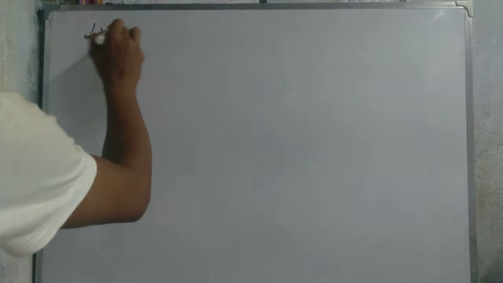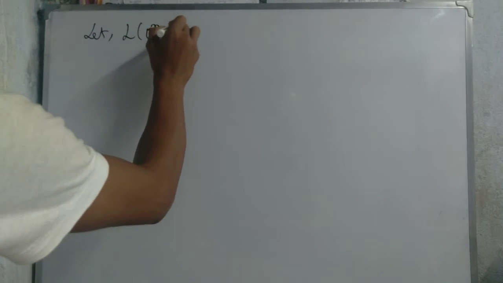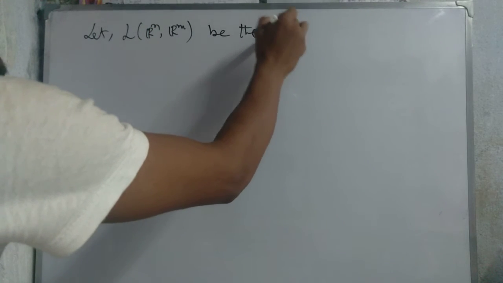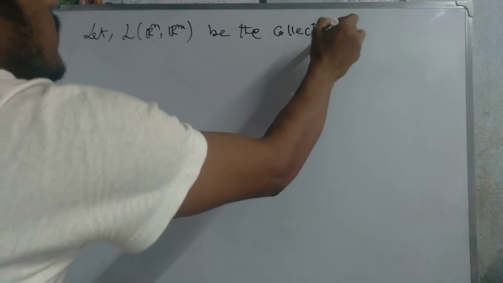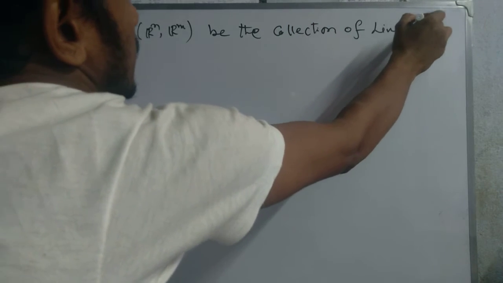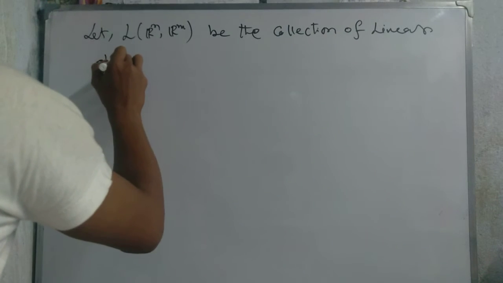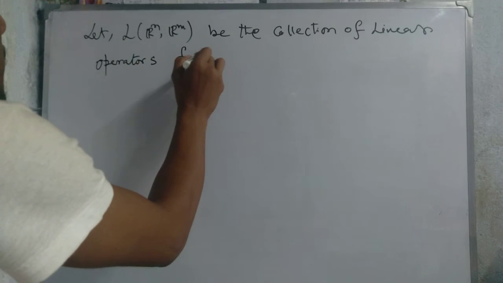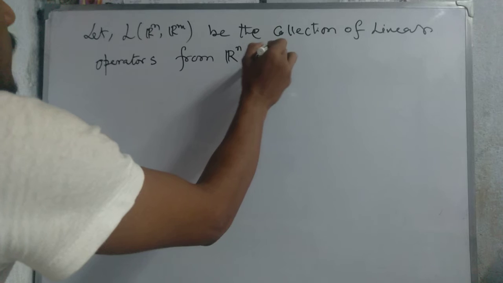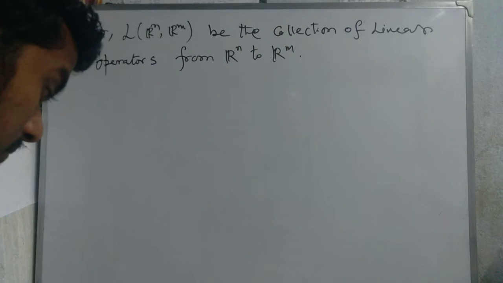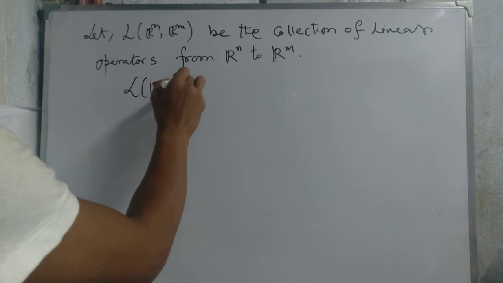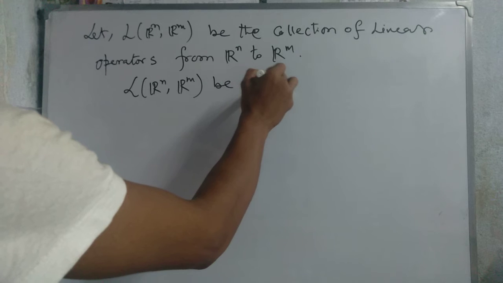We denote by L(Rn, Rm) the collection of linear operators from Rn to Rm. Obviously this is a vector space.